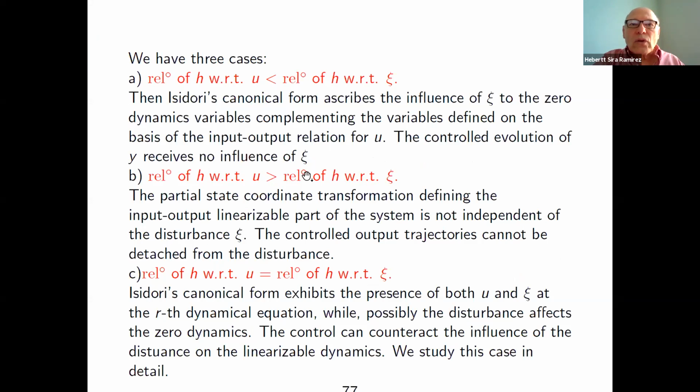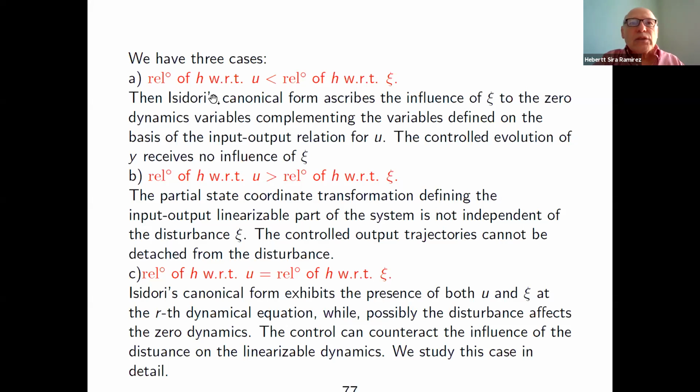Second case, the contrary happens. The relative degree with respect to U is larger than the relative degree of H with respect to C, the foreign input. And the borderline case is the one in which both relative degrees are the same.